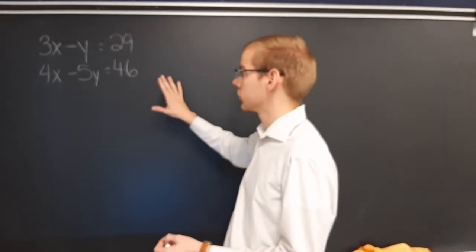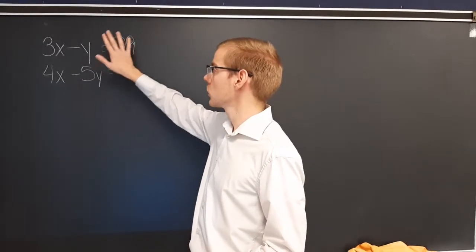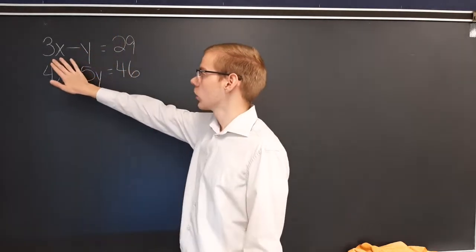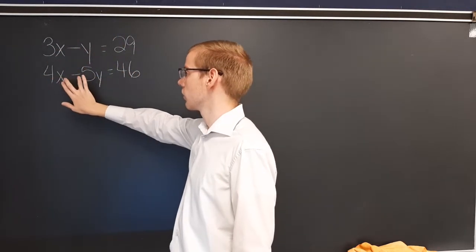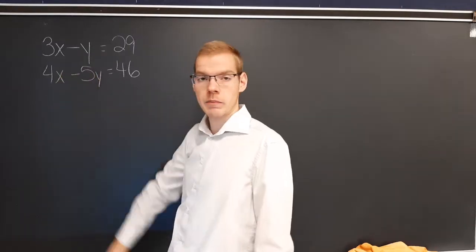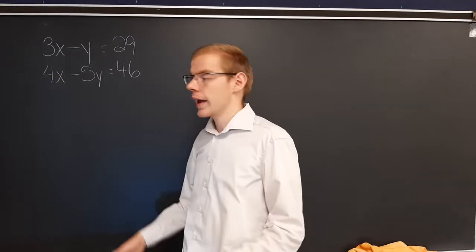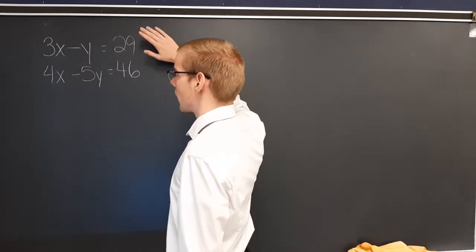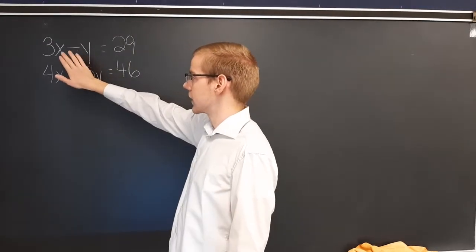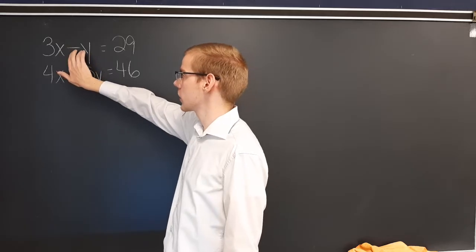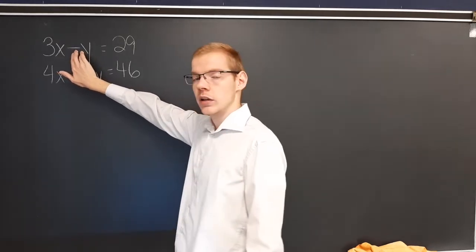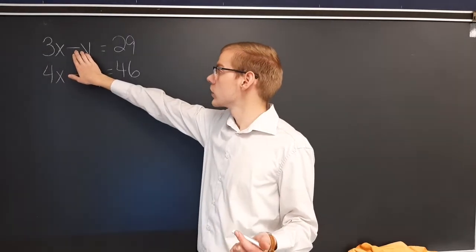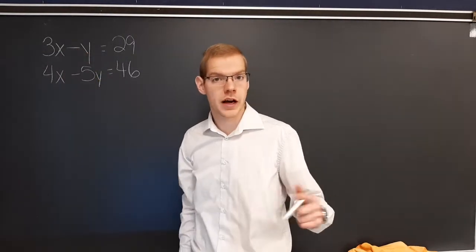So what number can we multiply the top equation by, to get one of these numbers to be the same yet opposite mathematical operators? In this case, we would multiply the top by -5, because then we have -5 times -y, which is positive 5y.